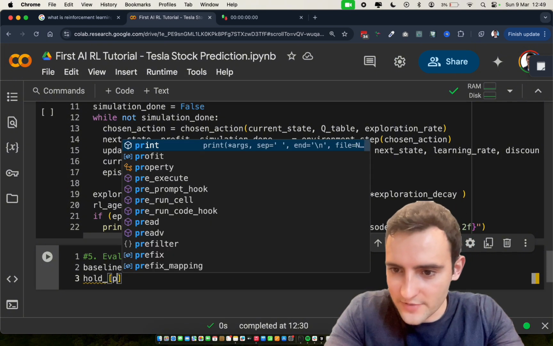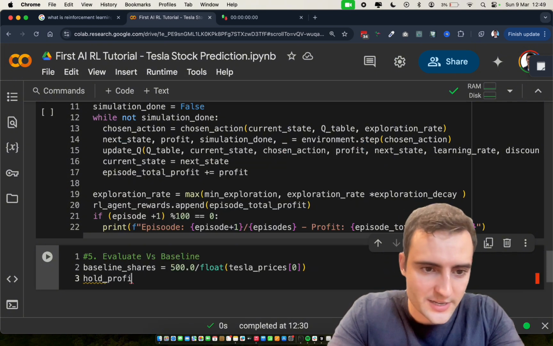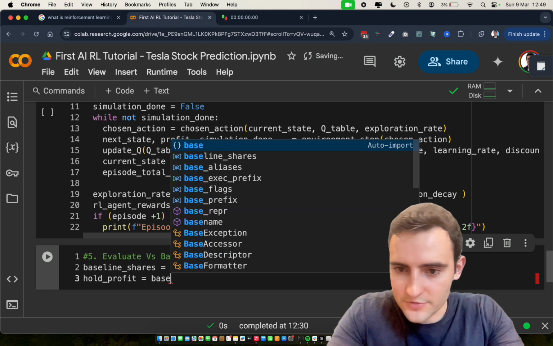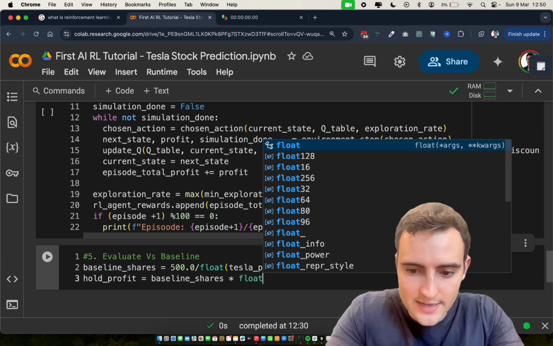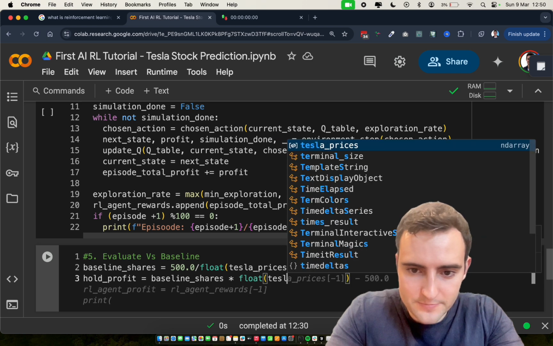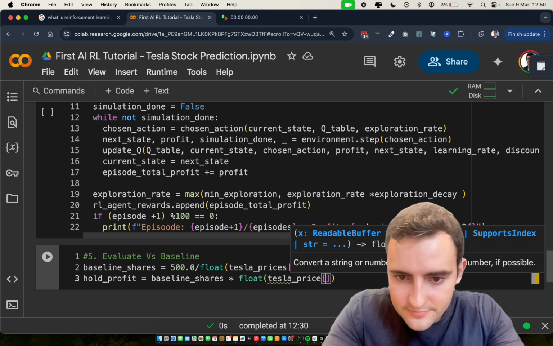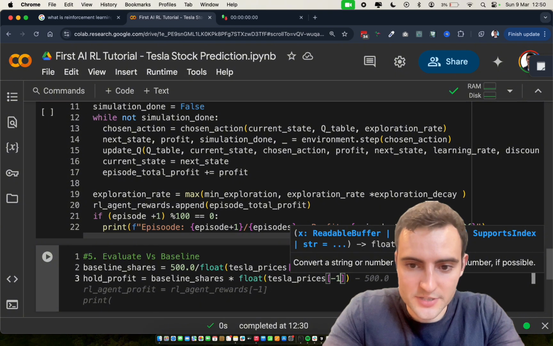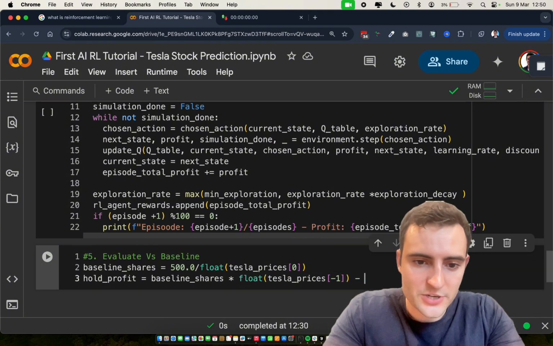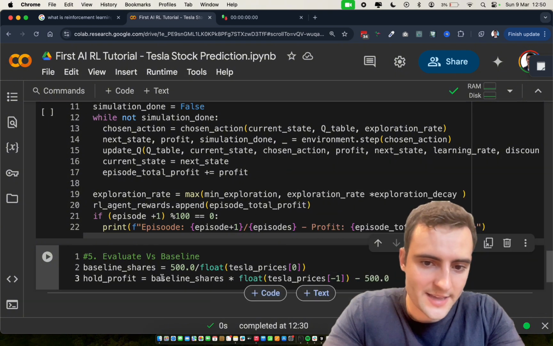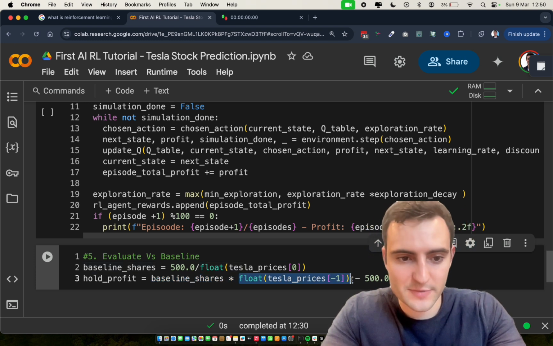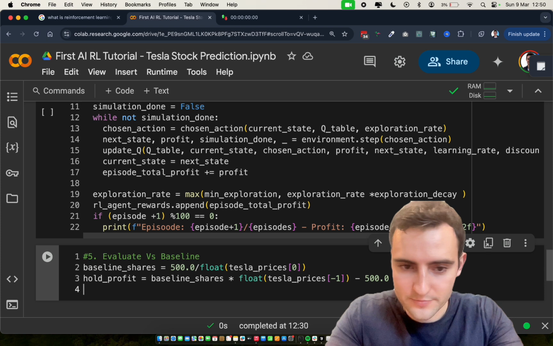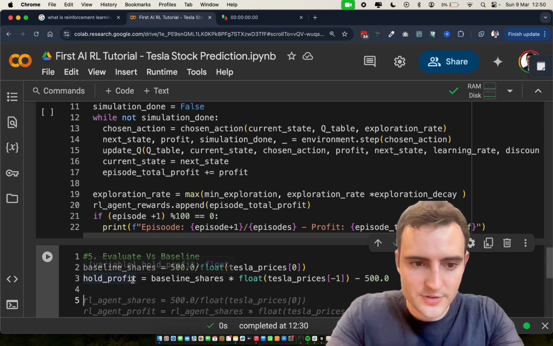And so it's a very easy calculation because you just look at the baseline cost of your shares and then you multiply it by the last price, right? And then you minus 500, which is the original, right? So this is how many shares I started off with buying. This is the final price, and this is minus the first investment, and this is the profit I have if I hold.